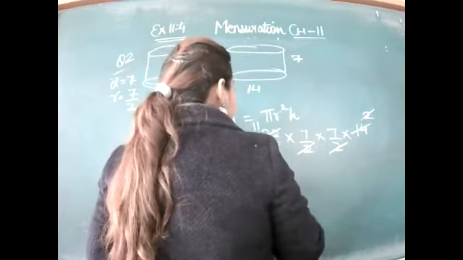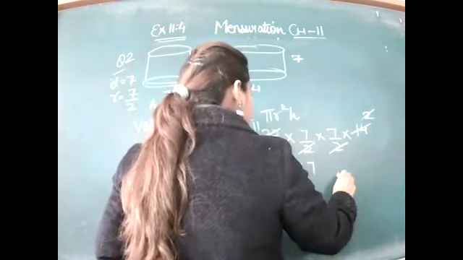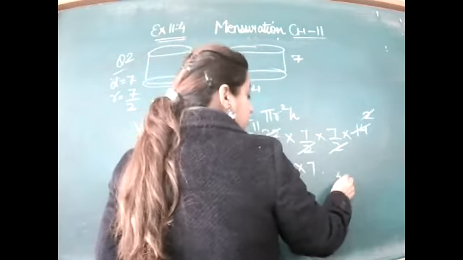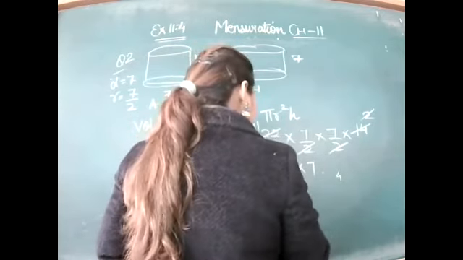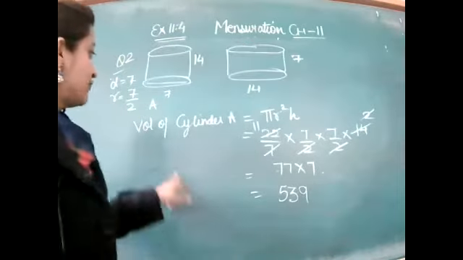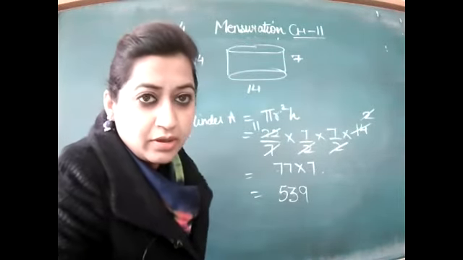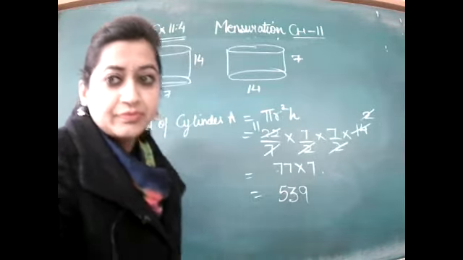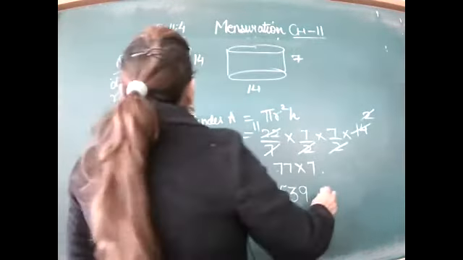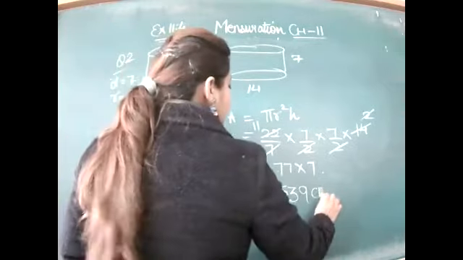Answer is 77 into 7, 49, 7 sevens are 49 plus 4, 53. So this is the volume, and the unit for the volume is centimeter cube.